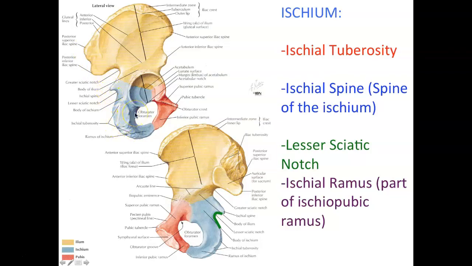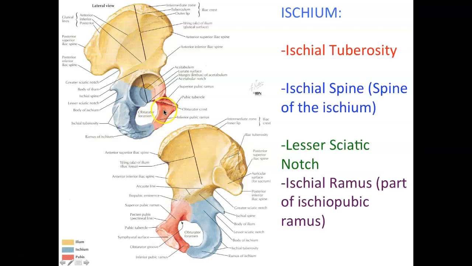Okay. Next part can also be a little bit challenging for students. Whenever you see this word ramus, it means branch. And we have two portions of our bones coming together here. We have the ischium coming together with the pubic bone.